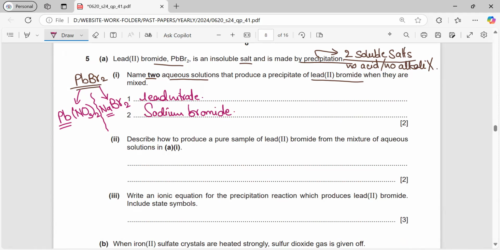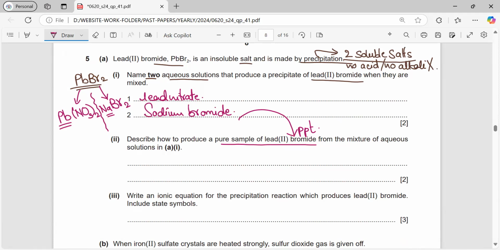Describe how to produce a pure sample of lead bromide from the mixture of aqueous solutions in A1. Now, in A1, when we mix lead nitrate and sodium bromide, we get a mixture of lead bromide and the other substance. How can we remove the lead bromide precipitate from the mixture?